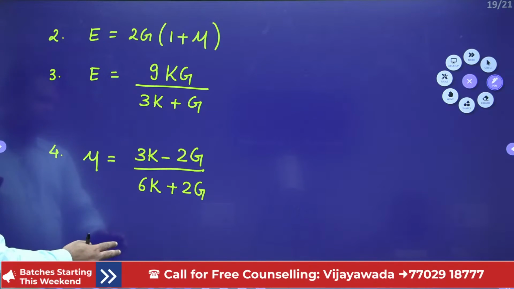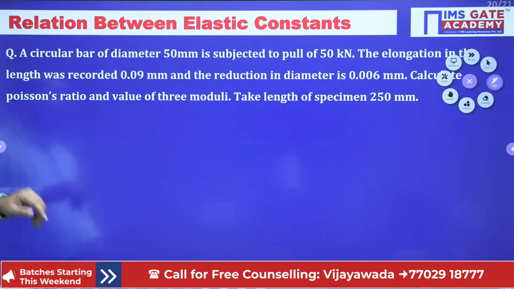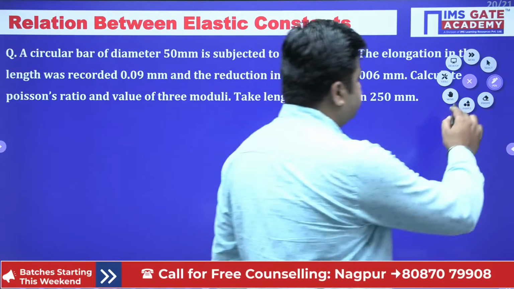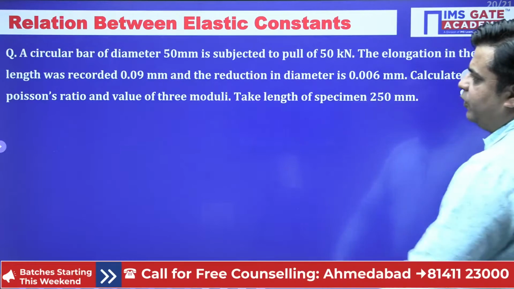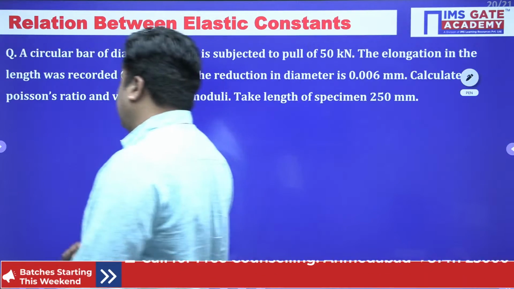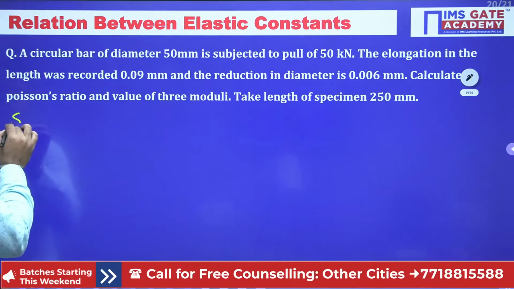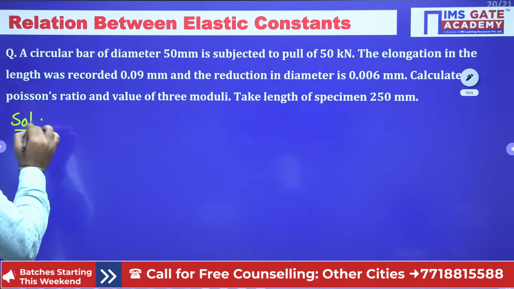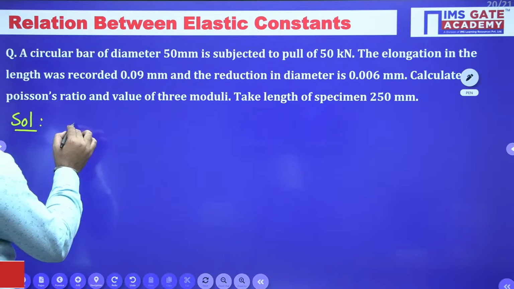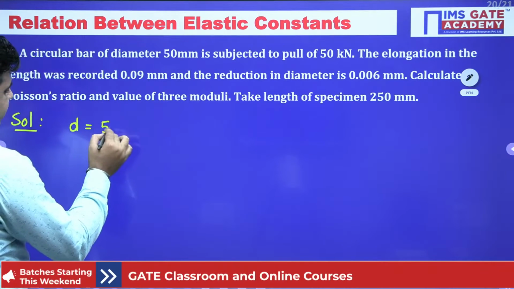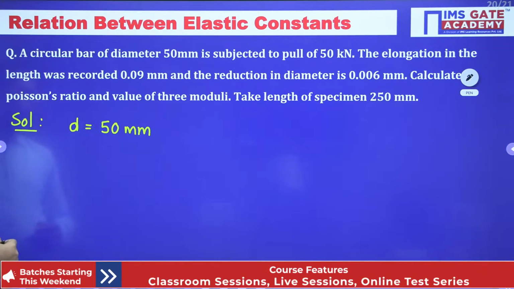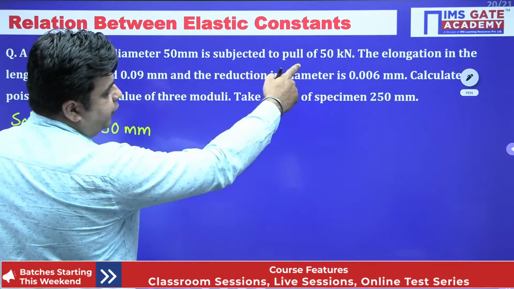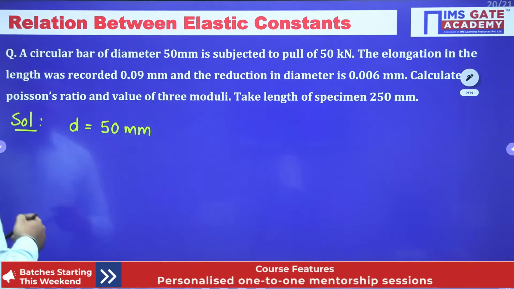Okay. Moving on with this, we have one question which says that a circular bar of diameter 50 mm. So I'll write this solution. Circular bar, so diameter is given as 50 mm. To a pull of 50 kilonewton, the elongation was recorded to be 0.09 mm.